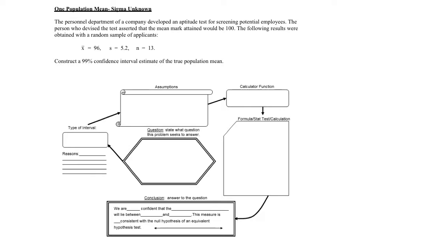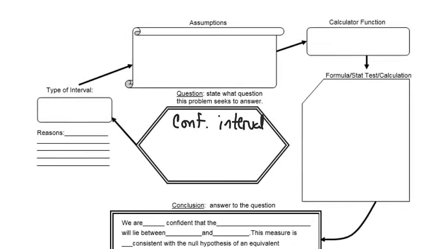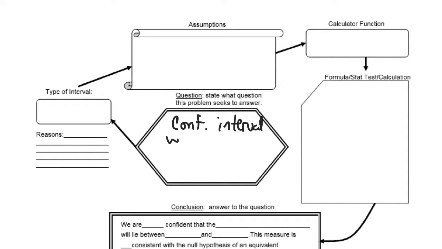But a nice follow-up would be something like, did they achieve the claimed mark of 100? That's beyond the scope of the question, apparently. All right, so confidence interval with confidence level of 99%.